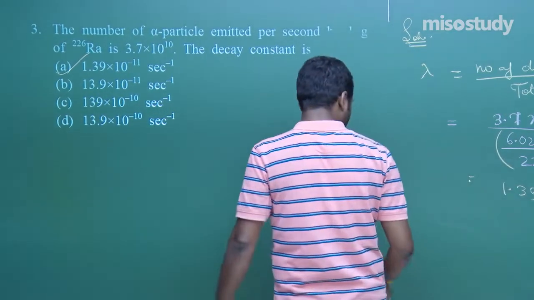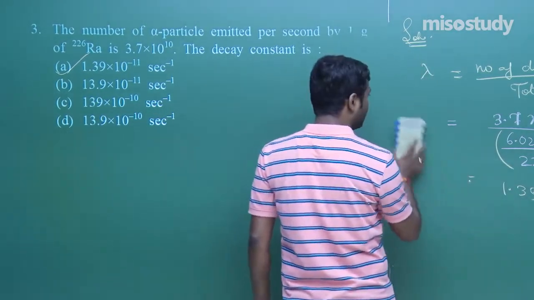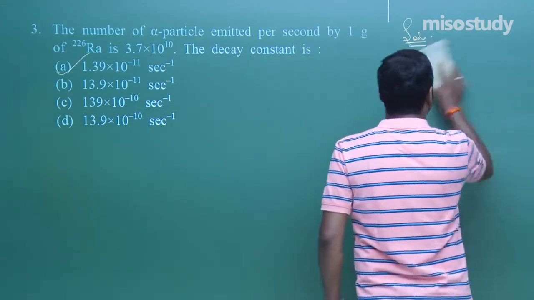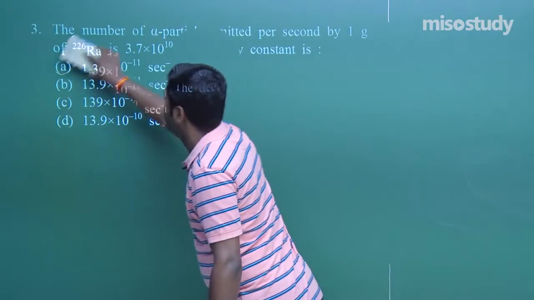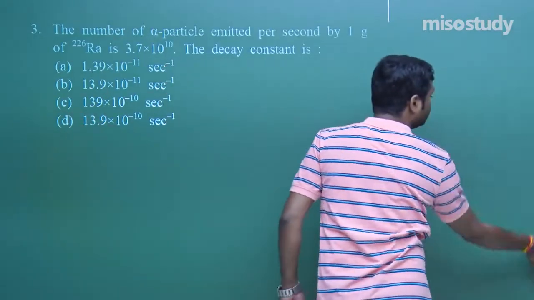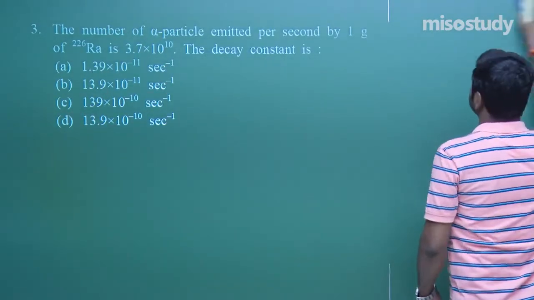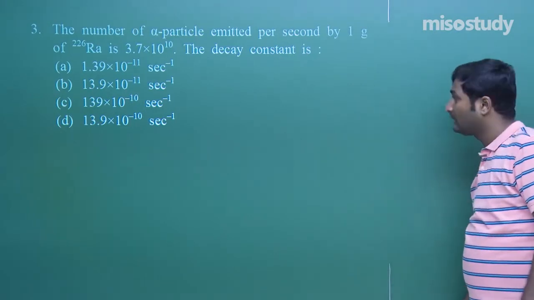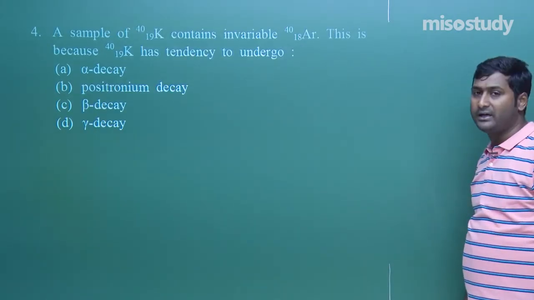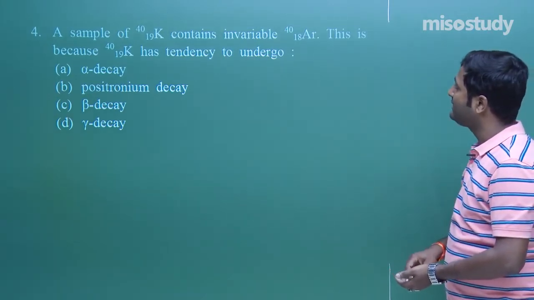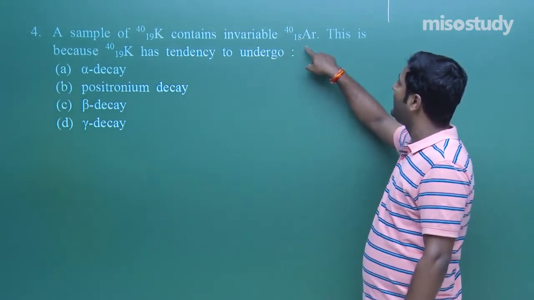Now I'm going to rub this part and we'll discuss the next one. Wait for a moment. Now question number 4. A sample of 19K40 contains invariably 18Ar40.